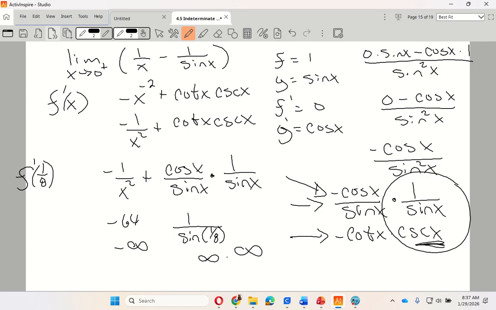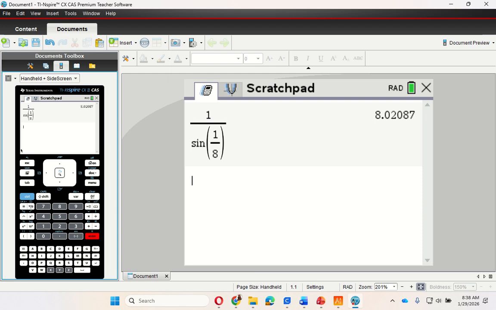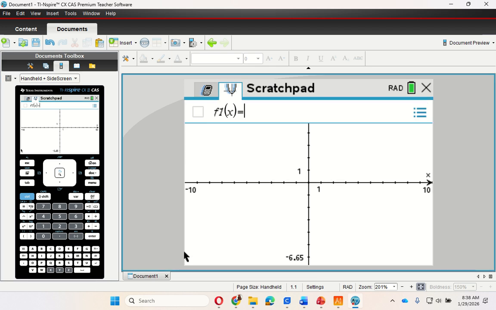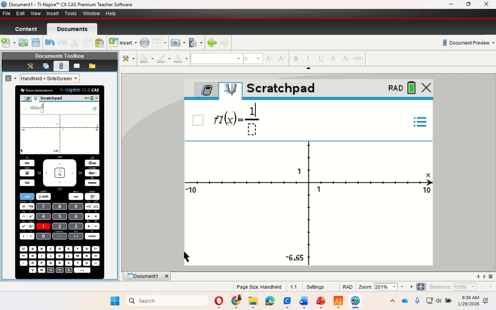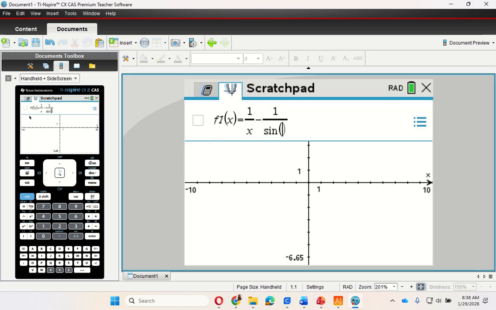So there's a plus sign. Now 1 over x, minus 1 over sine x.